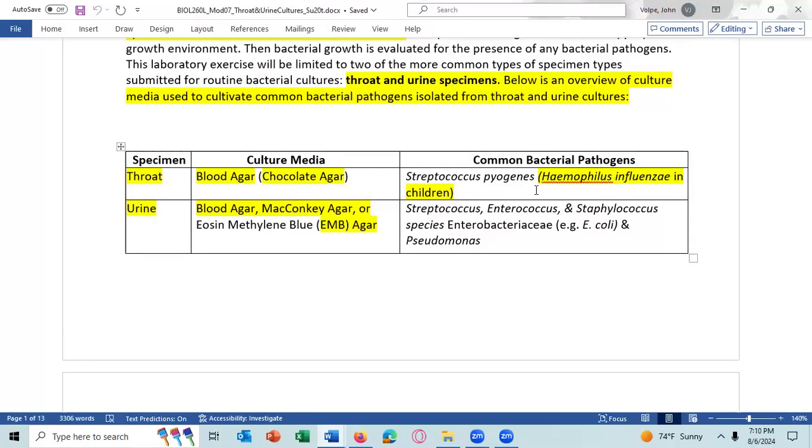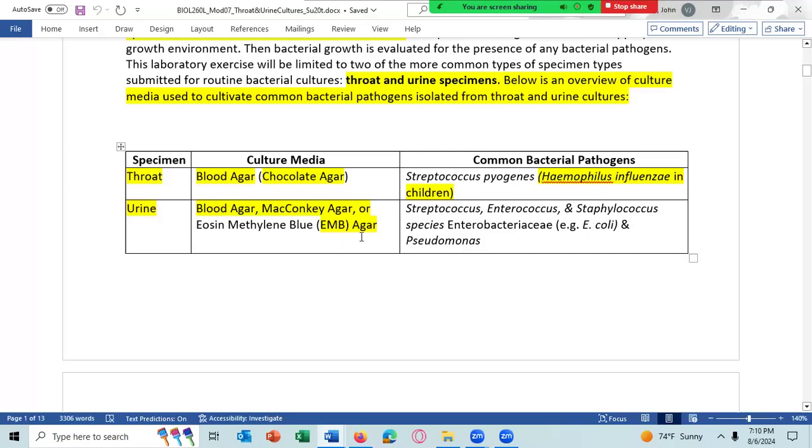In urine specimens, we have different media we use, and there are different common bacterial pathogens. We always use blood agar when we have a urine specimen, but we also use either MacConkey's agar or EMB, eosin methylene blue agar. We'll talk about why we use one or the other, but we always use one or the other and blood agar.